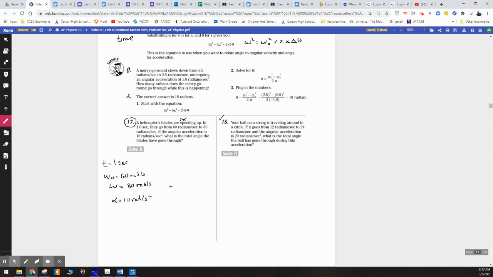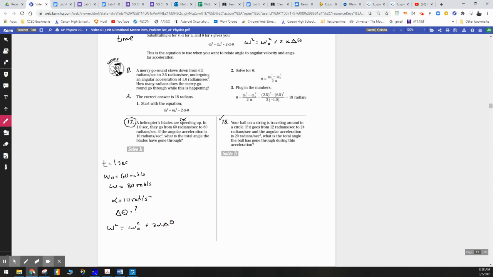What's the total angle the blades have gone through? So what is delta theta? We look at our formula: omega squared is equal to initial omega squared plus 2 alpha delta theta.